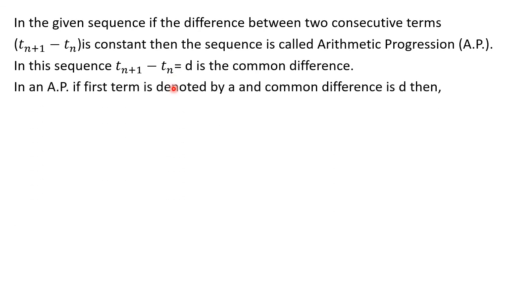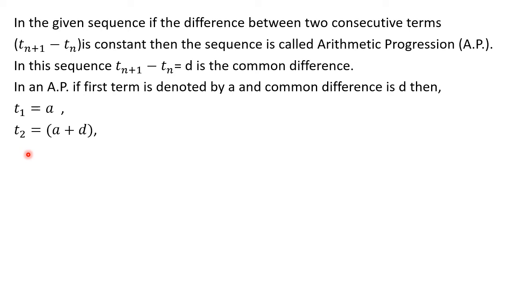Then after that, we can say that here that the first term of this AP is denoted by small a. That means A is same as T1 and common difference is denoted by D. First term T1 is given by small a and the difference is D. Then we can write down the terms of the AP as like first term T1 is A. Then T2 is A plus D. The difference D is added to get the next term.